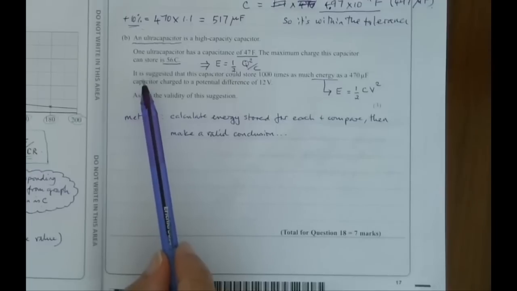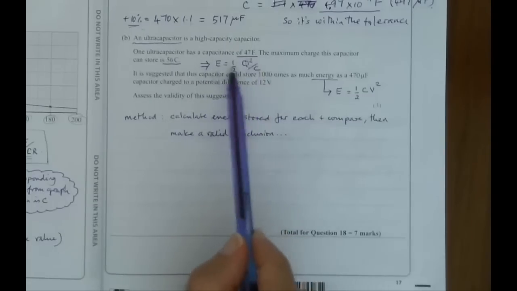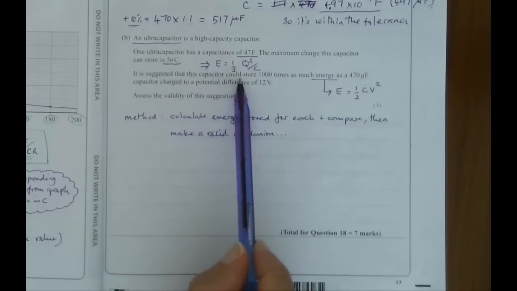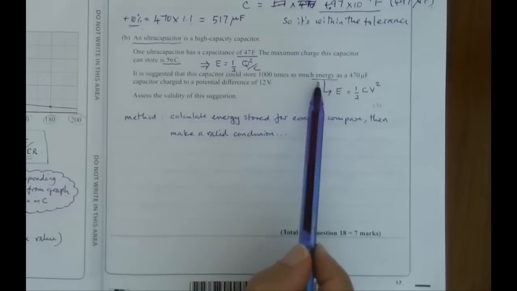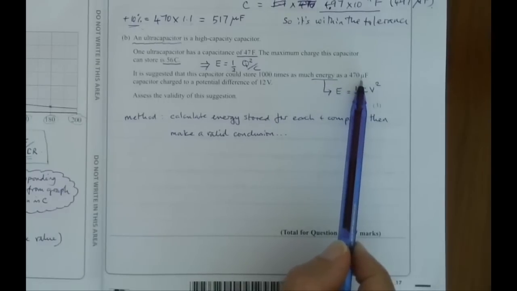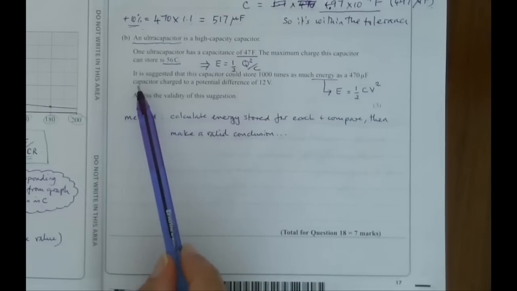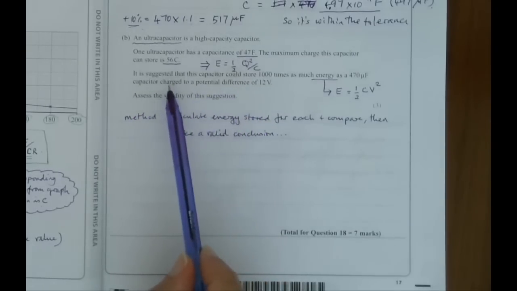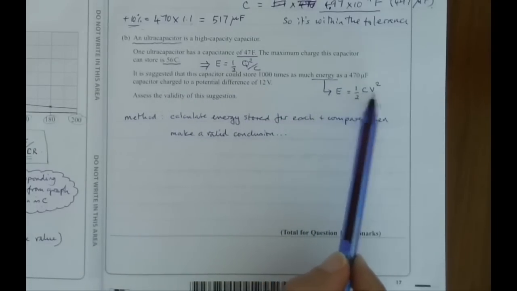So for this question, you need to show how you can use this equation, and it is suggested that this capacitor could store 1,000 times as much energy as a 470 microfarad capacitor, which was mentioned in the previous question, the student's experiment. And the capacitor charged to a potential difference of 12 volts. So if we are looking at this one, you can work out the energy using another formula, half CV squared.